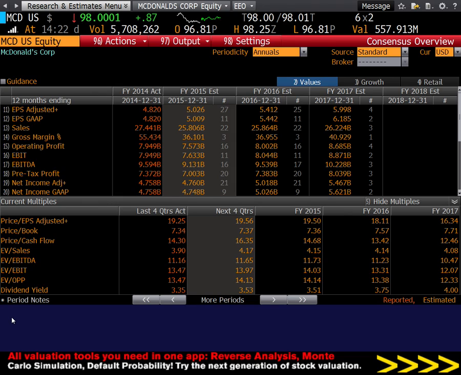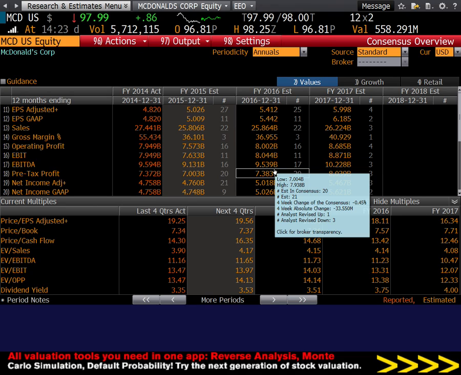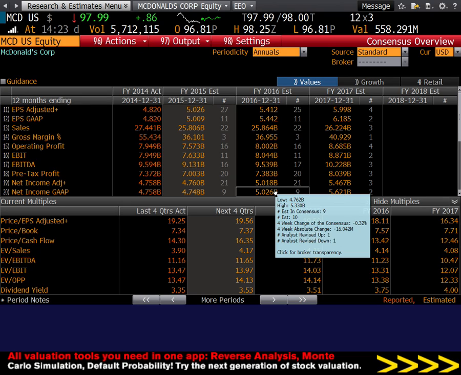That's what the pros are focused on. In that case, forward year one for McDonald's, 2015. Forward year two, 2016. So what we really care about are their 2016 results. Right? Now, for McDonald's in 2016, net income is the adjusted net income, right, as opposed to the GAAP net income.